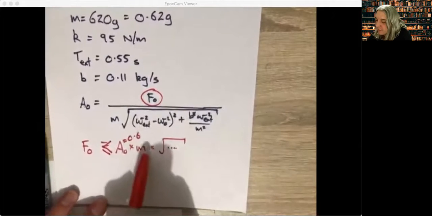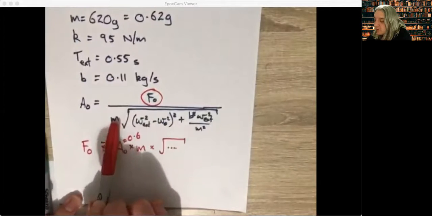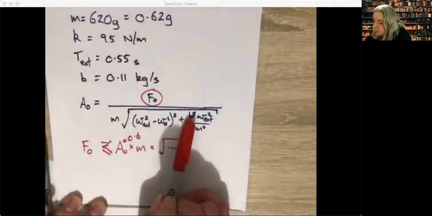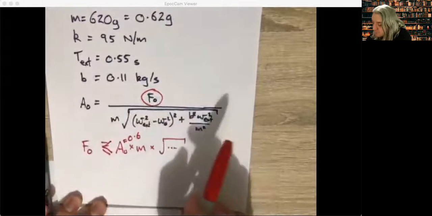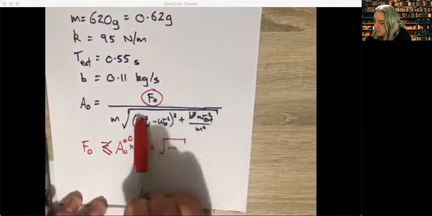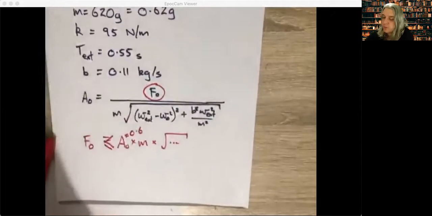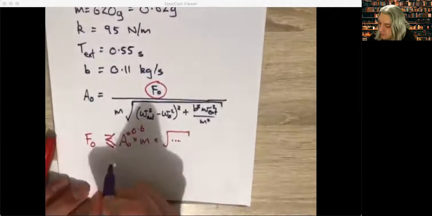What we have left to do is figure out all the terms that go into this. The mass, we got told. The drag coefficient, we got told. But we've still got the driving frequency and the natural frequency, so we also have to figure those out. Let's think about what they are.